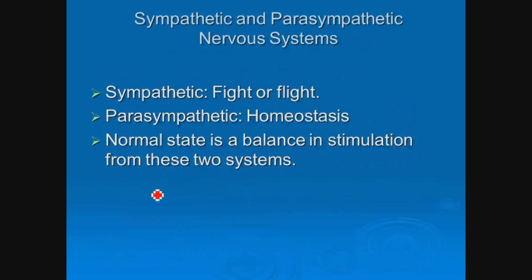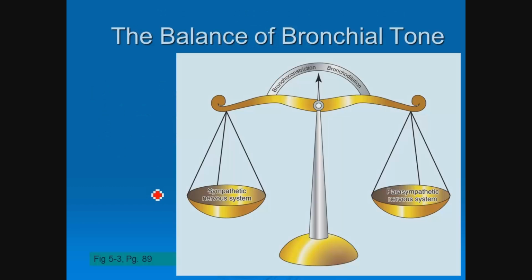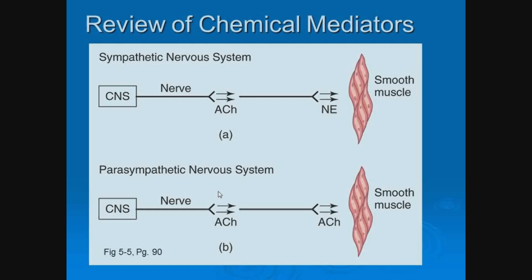We know about the sympathetic and parasympathetic systems, fight or flight and the homeostasis, rest and digest. And there's a balance between these two systems that exist. So when airflow is maintained perfectly, there's a balance between parasympathetic stimulation and sympathetic stimulation.